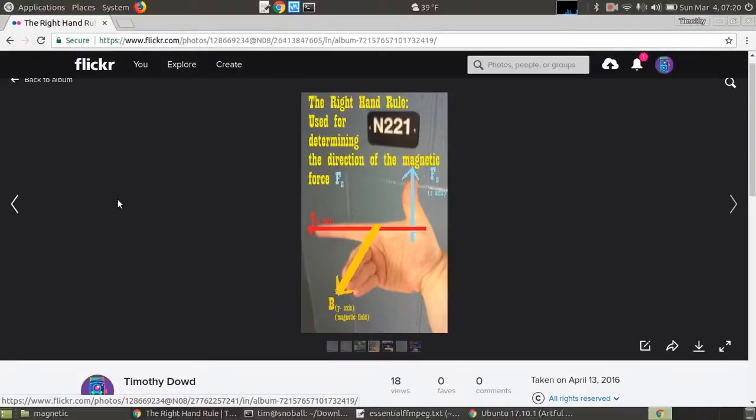So here's a closer look. And as you can see with my hand, the three things are pointing in all three dimensions, x, y, and z. And basically they're pointing in the positive direction in each axis. The way you remember it is essentially that it's written as F equals QVB. And F is your thumb.